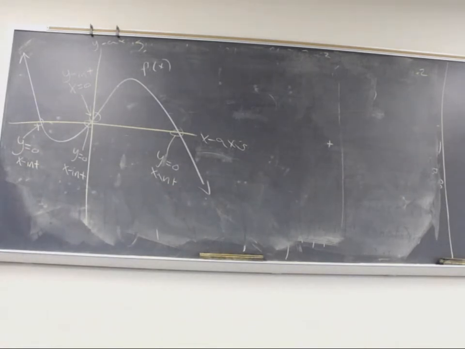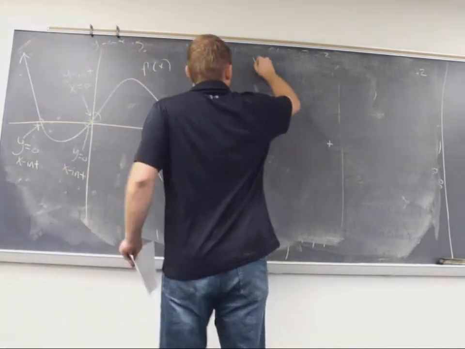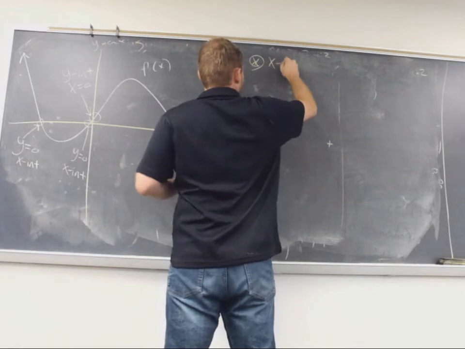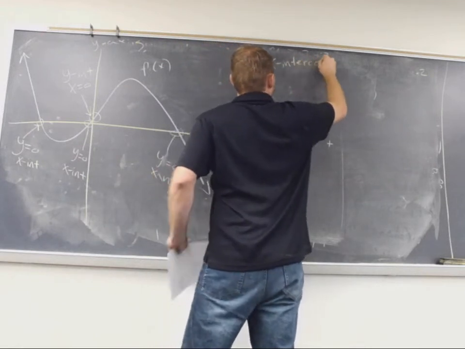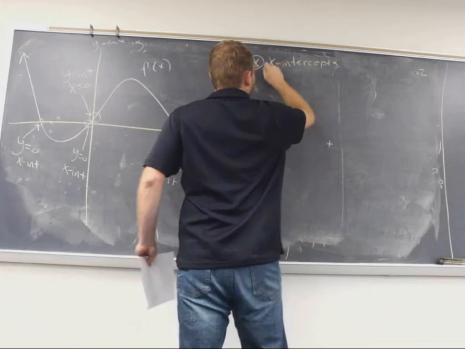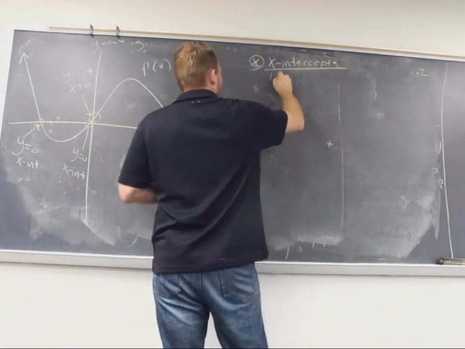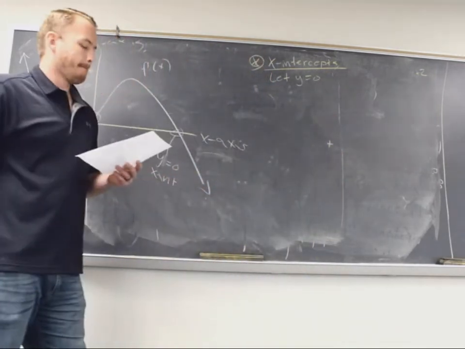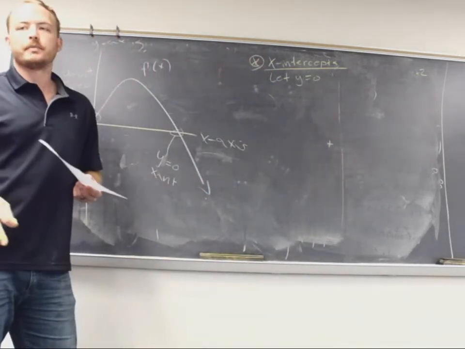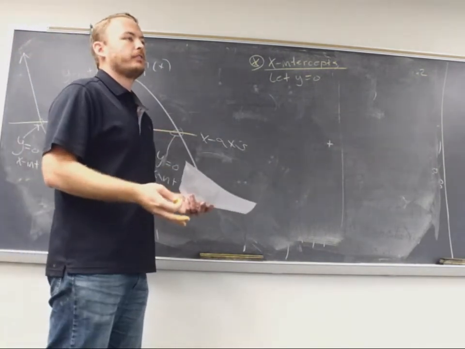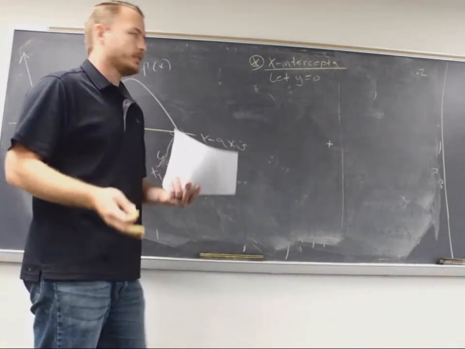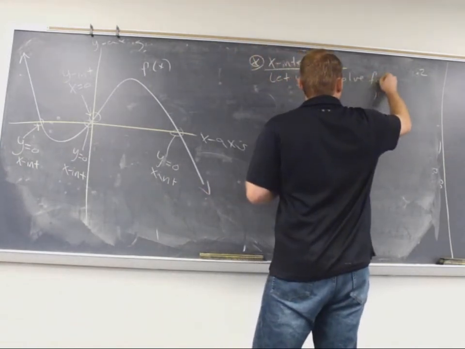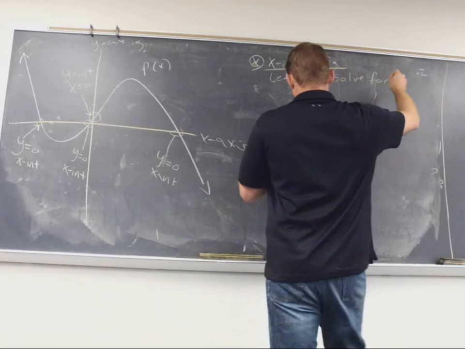So here's what we can say: to find x-intercepts, we let y equal 0. And remember, y is the same thing as f of x. So if your function has f of x in there, then you just replace f of x with 0 and solve for x.